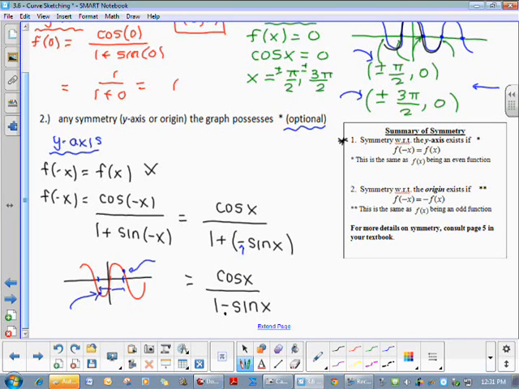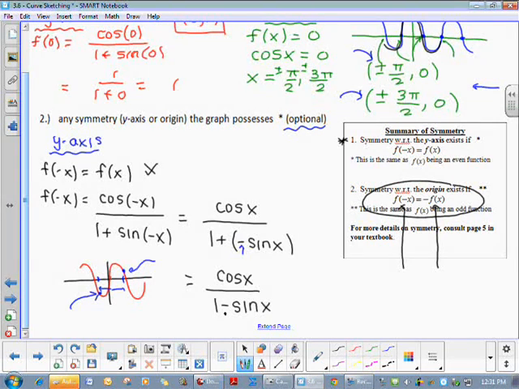And you can also discount any potential origin symmetry as well, because with the origin symmetry, as you can see over here to the side, replacing the x with negative x in the function should yield the same exact function with an opposite sign overall, and we have neither achieved that.